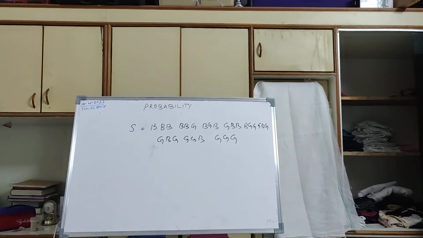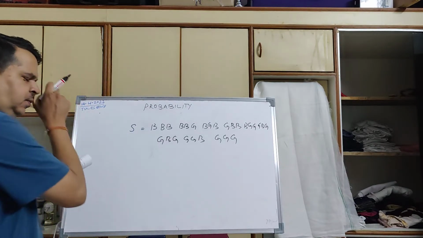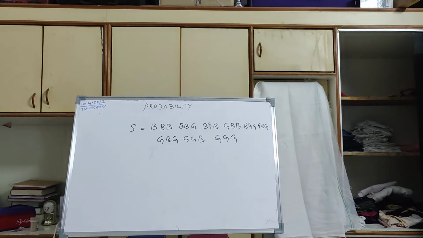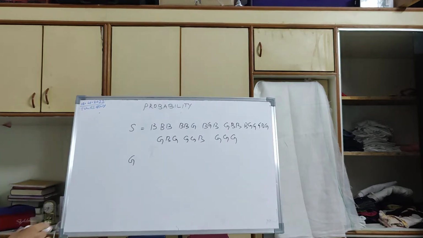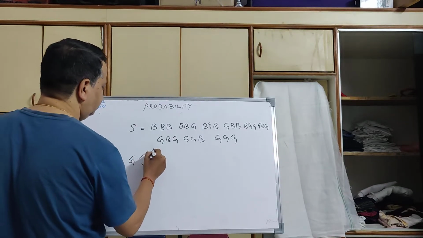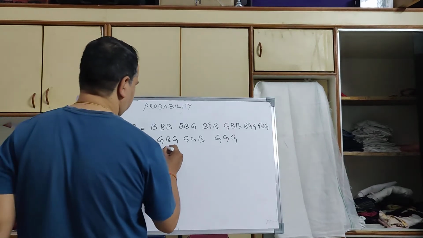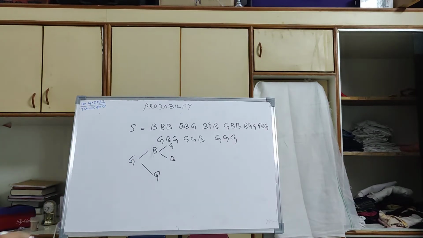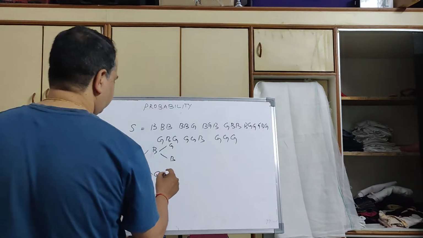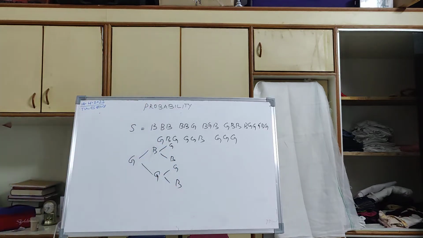So when you are pulling three pens, the first can be G, then the second can be either good or bad, right? Then the third can be either good or bad. So this is one combination.